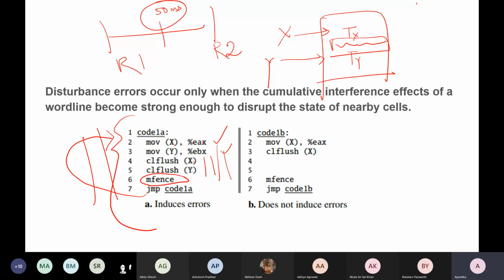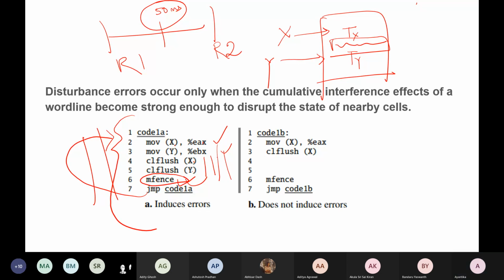Again it goes back, ensuring that the cache clearance is done, and then again it goes back and reads. So it is a very frequent read from the same cache lines.